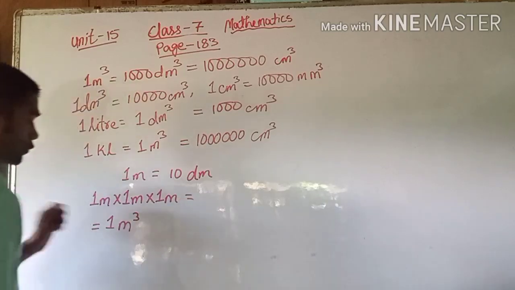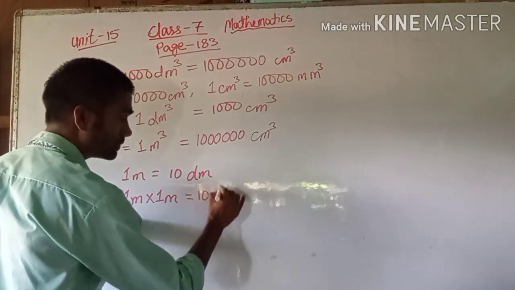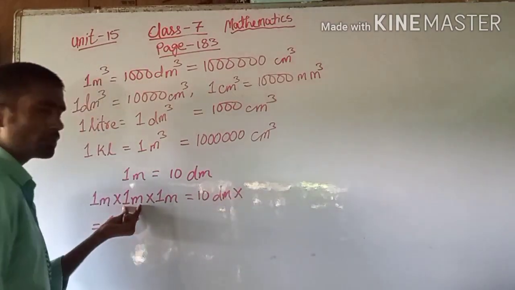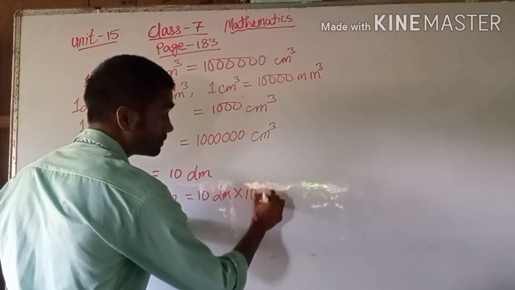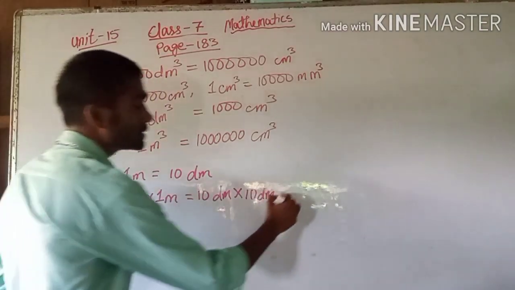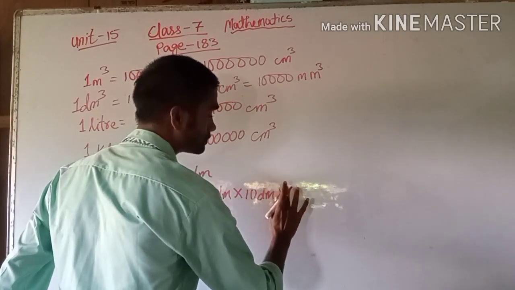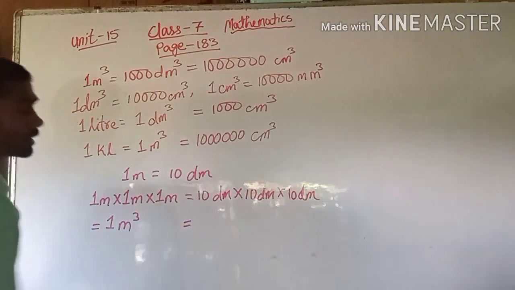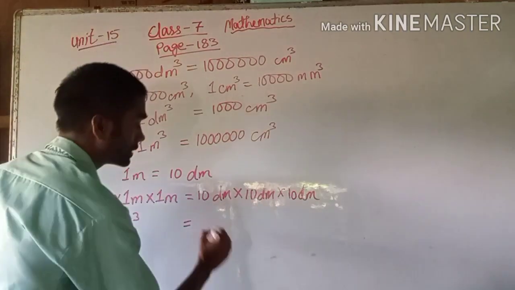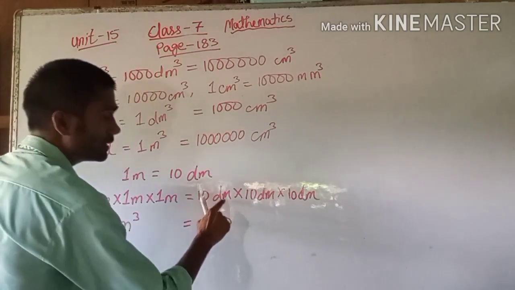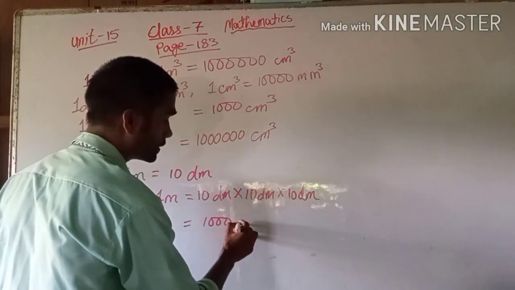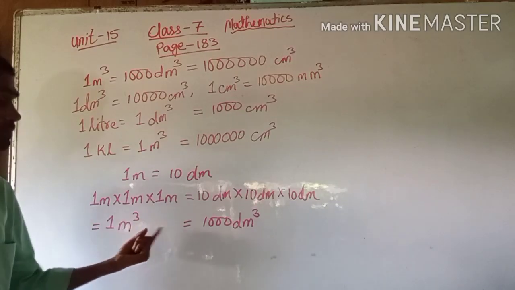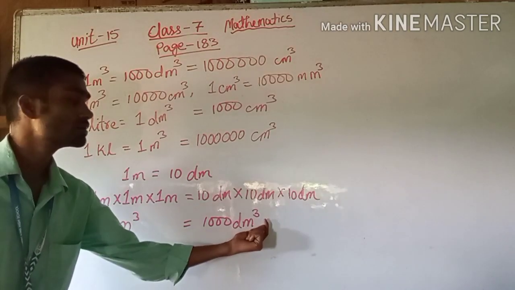In the same way, for 1 meter it is 10 decimeter, for another 1 meter it is 10 decimeter, and for another 1 meter it is 10 decimeter. So now 10 into 10 into 10 we will get 1000, and decimeter into decimeter into decimeter we will get decimeter cube. So 1 meter cube is equal to 1000 decimeter cube.